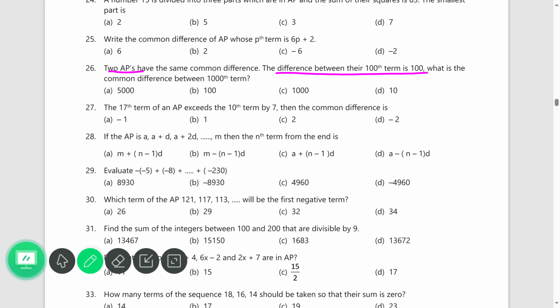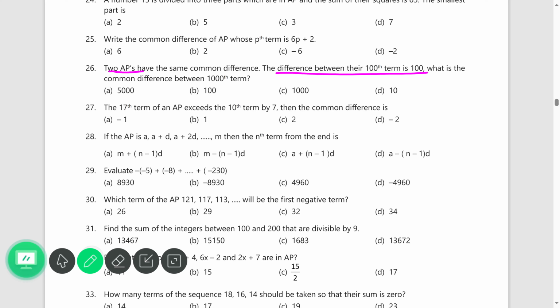Difference between their 100th terms they said. The 100th term of the first, small a, is a plus 99d, minus the second one, capital A plus 99d. D they said is the same, so I give small d for both, and A is different, so there I give capital and here small.